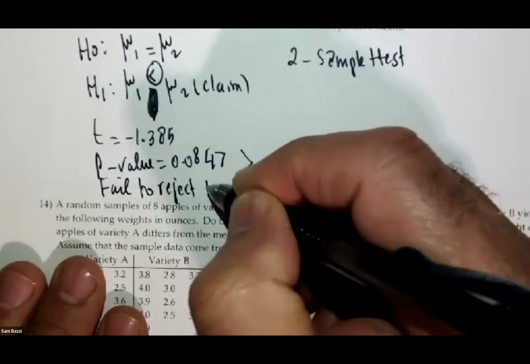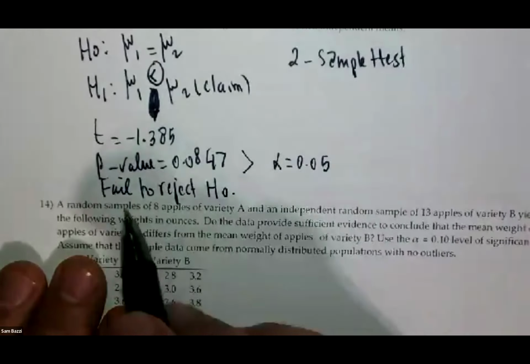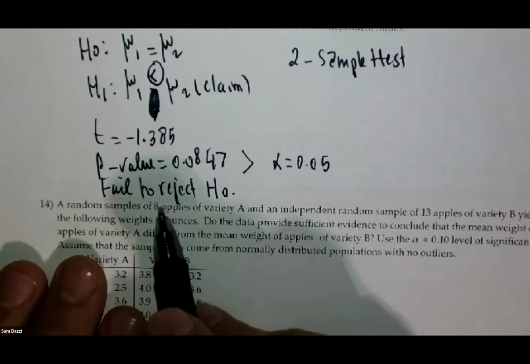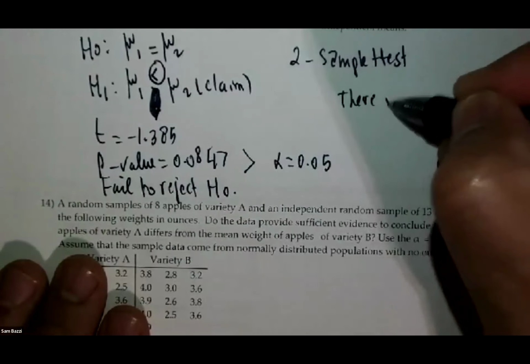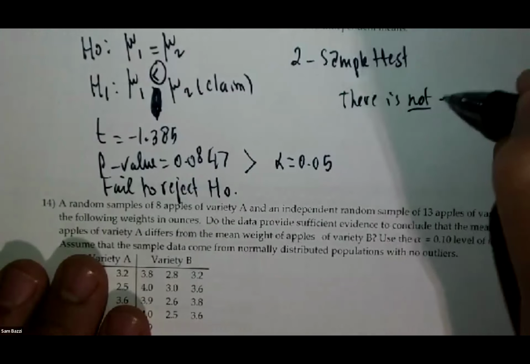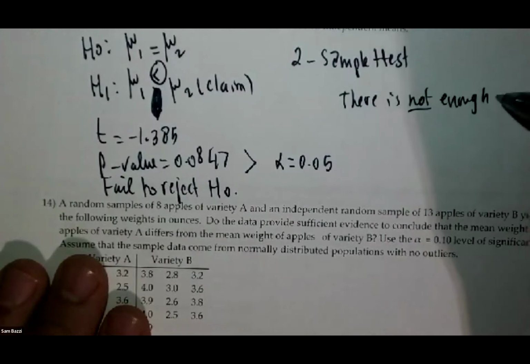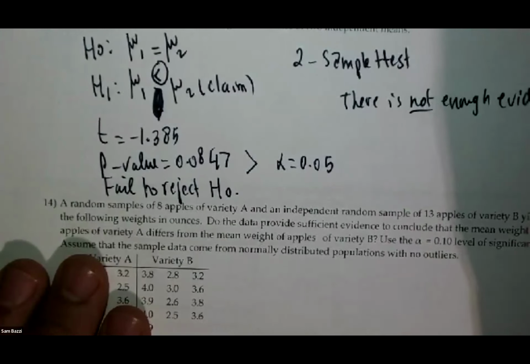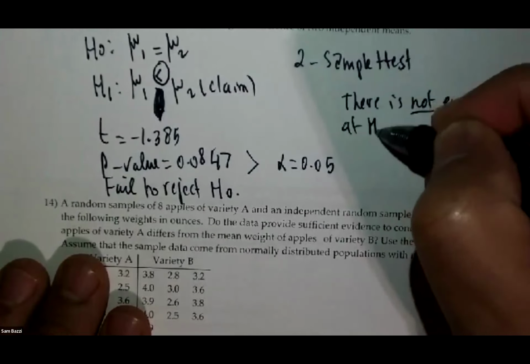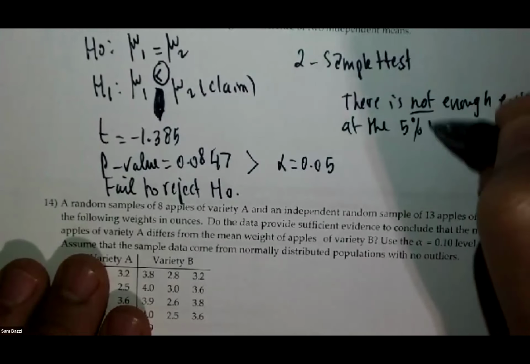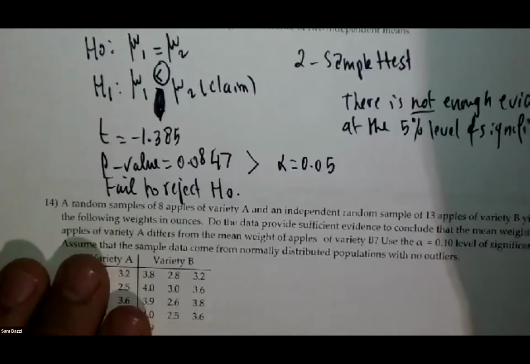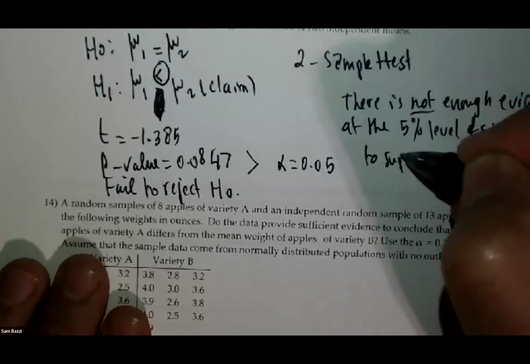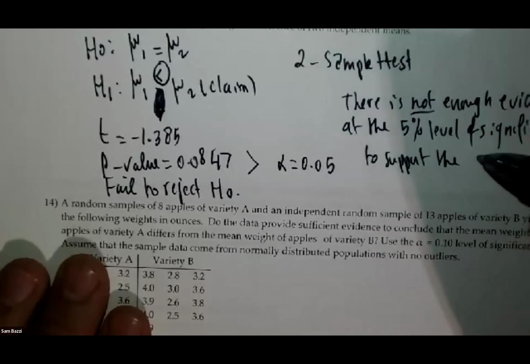You only reject H0 when the p-value is less than alpha. If you fail to reject H0, guys, you don't say there is enough evidence. You start with there is not enough evidence at the 5% level of significance to support the claim.